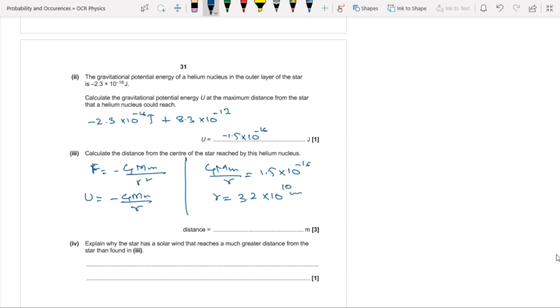So a few of them might have had higher kinetic energies that take them a much greater distance from the star. So simply we can write that some particles will have greater kinetic energy than the mean kinetic energy.